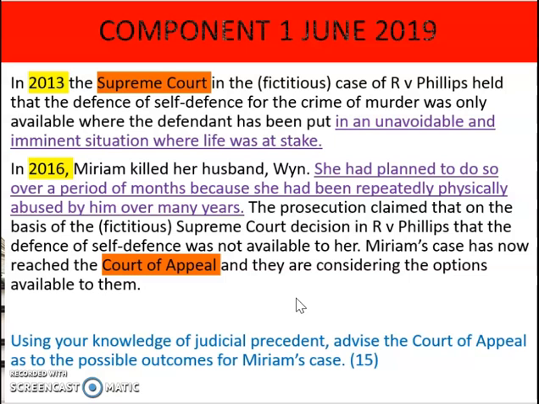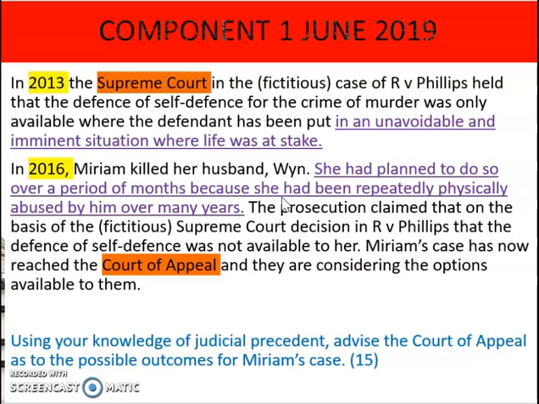And you've actually got quite a good case for distinguishing here, because you could talk about the fact that the Court of Appeal could argue that maybe this situation is different from the case of R and Phillips, because in this case, our character's been abused for a period of many years. And you could maybe even argue she's got battered women syndrome.